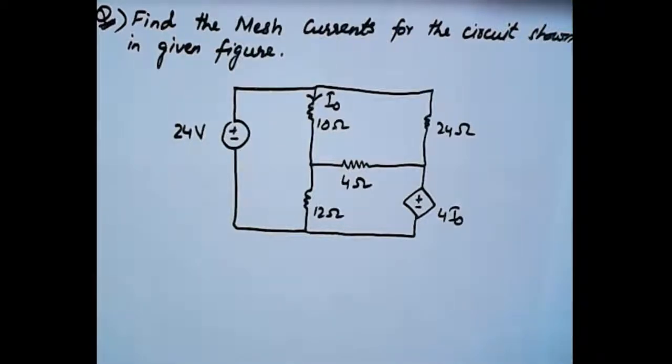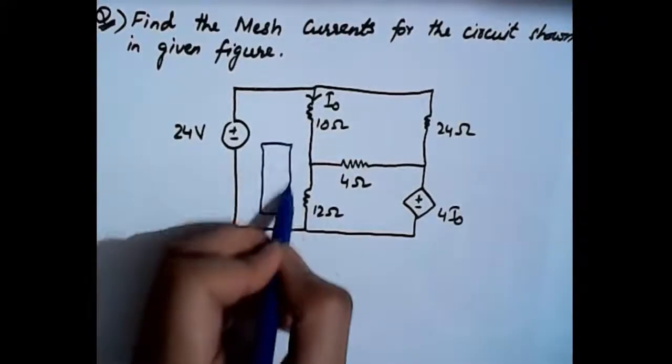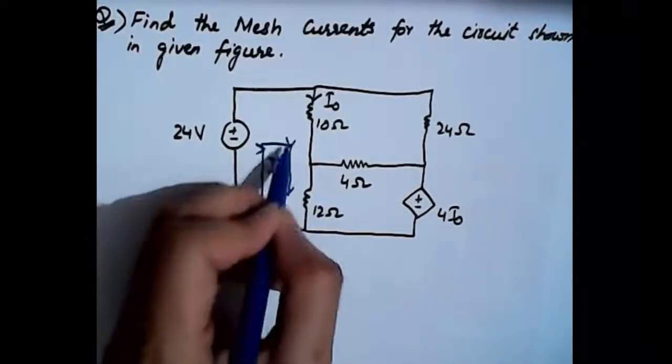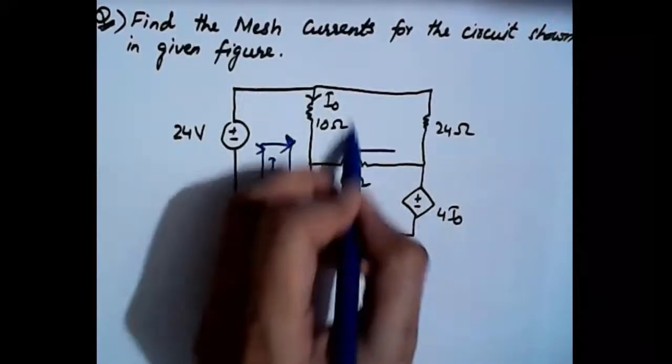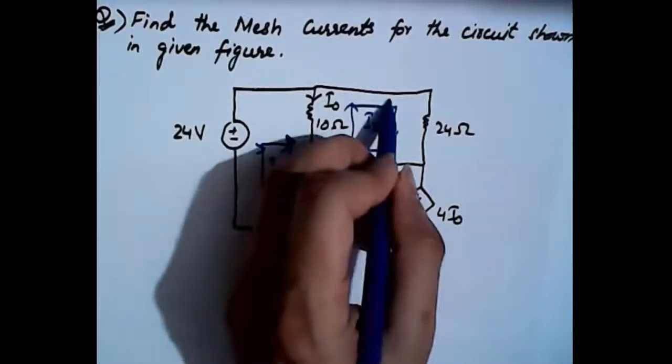Here you can see that there are 3 loops present in the system, and we can mark them. First, this is loop number 1 with current I1. This is the direction. Then we have loop number 2 with current I2, right?